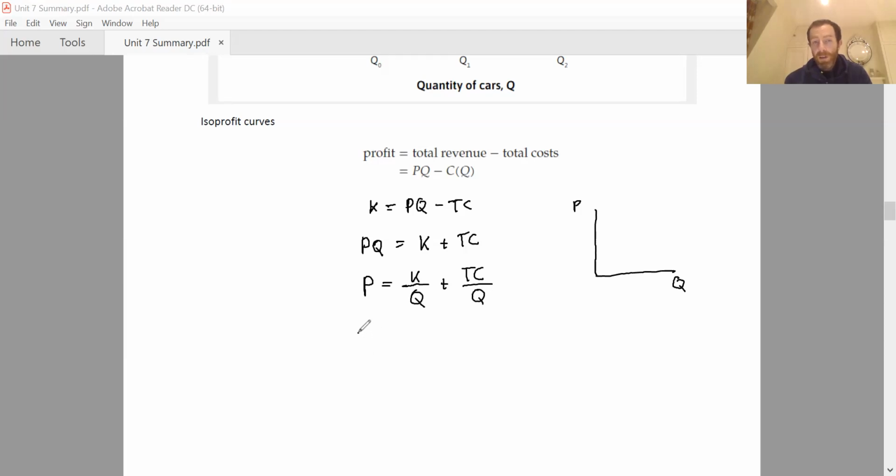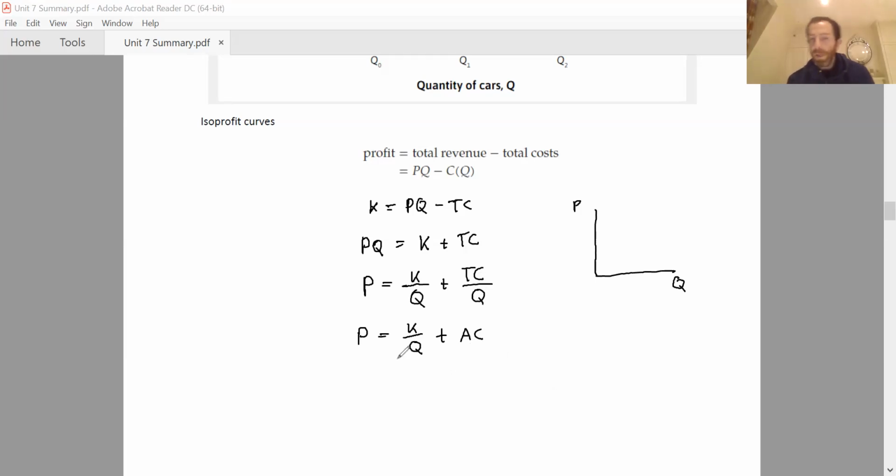And one final little thing now: the price is equal to some constant over Q plus TC over Q, which is average cost, right? Total cost over quantity is average cost.